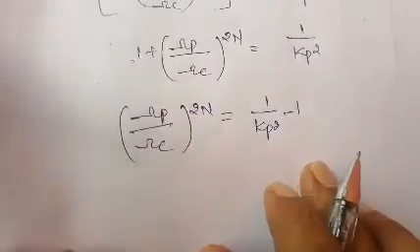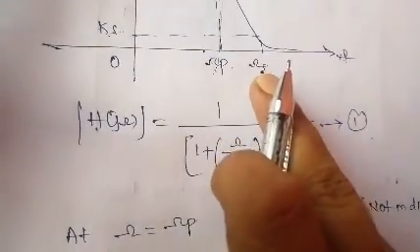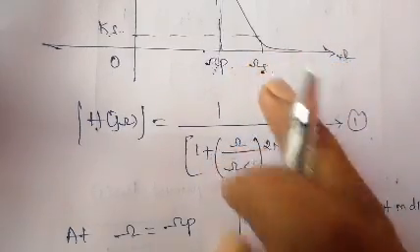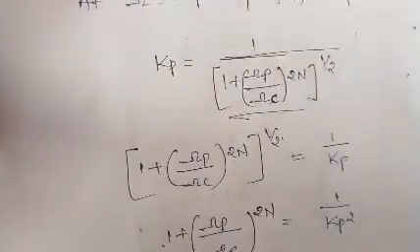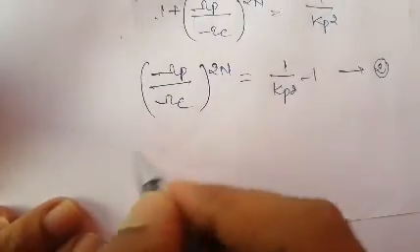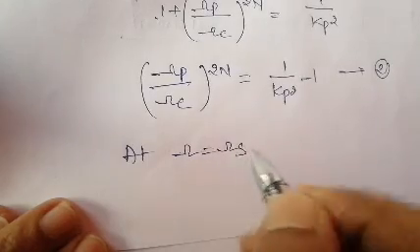This case we discussed for when omega is equal to the pass band edge frequency. Similarly, one more case: if the given frequency is equal to the stop band edge frequency, I will call it equation 2, at omega equal to omega s.